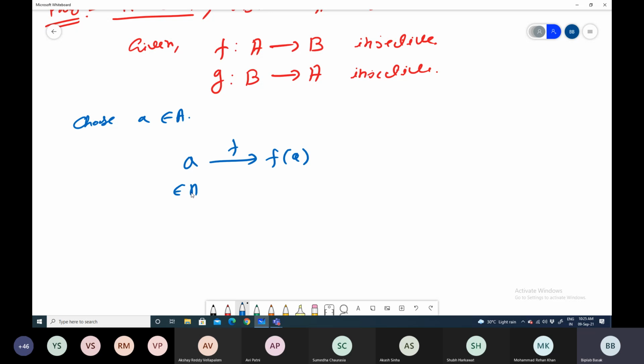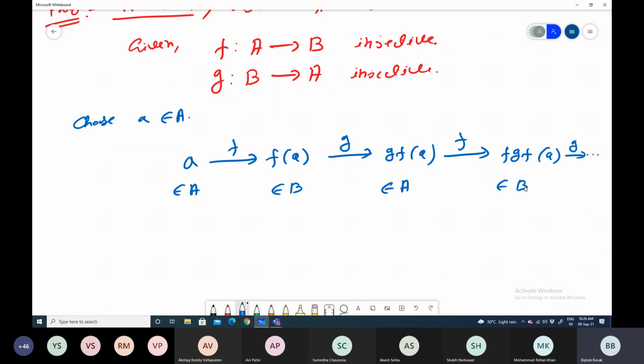It is in A, and F(a) is in B. Now again apply G. This will be G(F(a)). Now again apply F: F(G(F(a))). Again apply G. In this way we keep going. This is in A, this is in B, and so on.